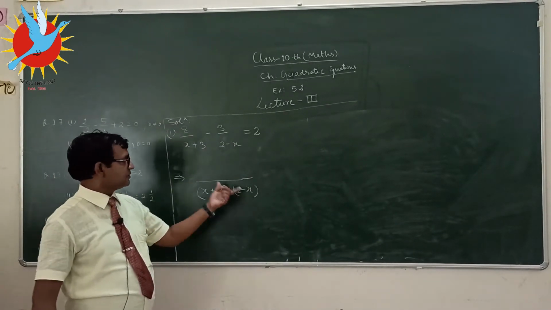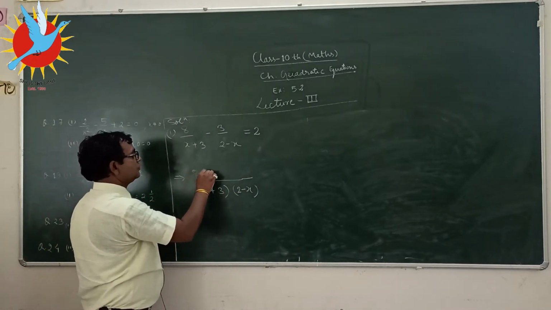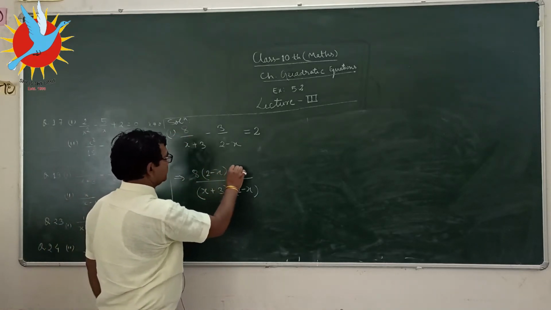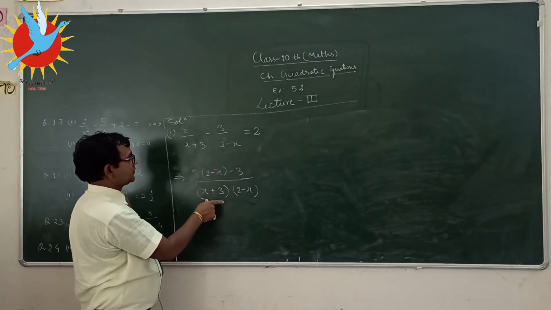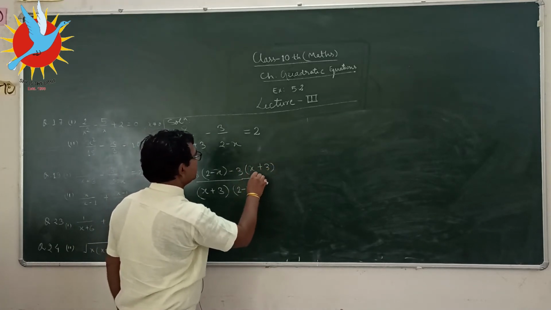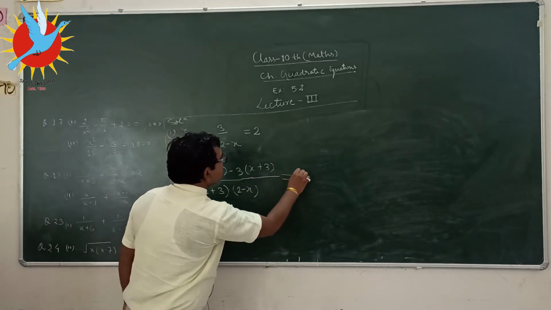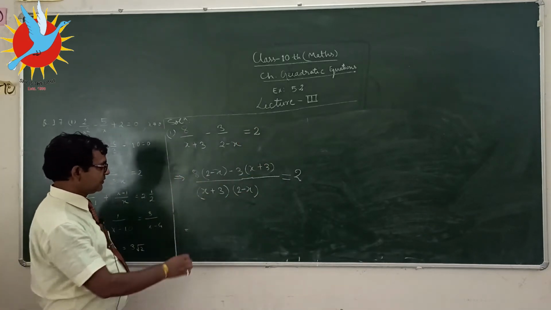If you divide this by this, we have this multiplied to this, 8 into 2 minus x minus 3 into, divide this by this, we have x plus 3 multiplied to 3, x plus 3, and this will be equal to 2. Now solve this.